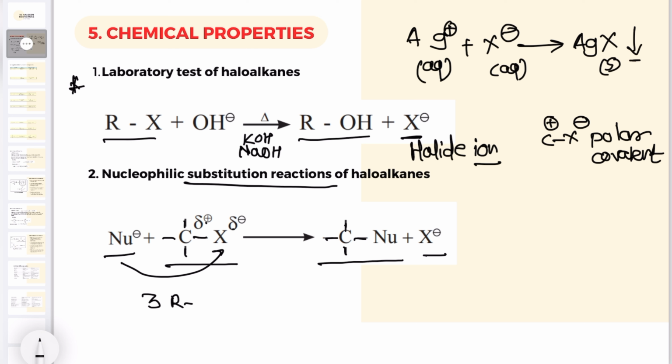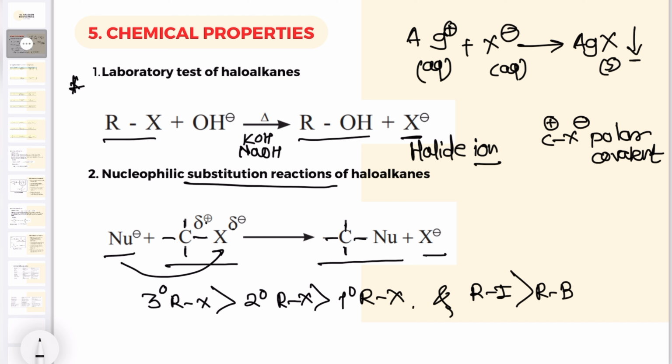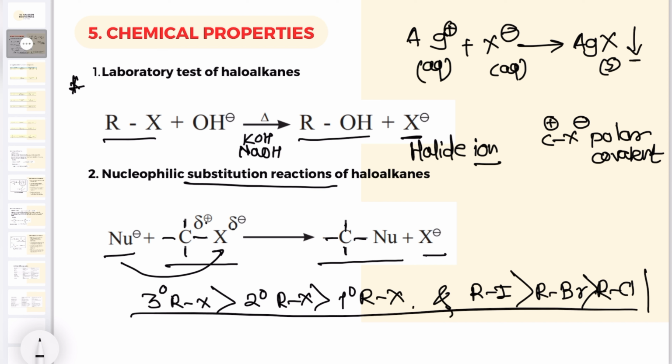Tertiary alkyl halide reacts faster than secondary alkyl halide, which reacts faster than primary alkyl halide. For the halogen atom, RI reacts faster than RBr, which reacts faster than RCl. This is a very important point for all competitive examinations.